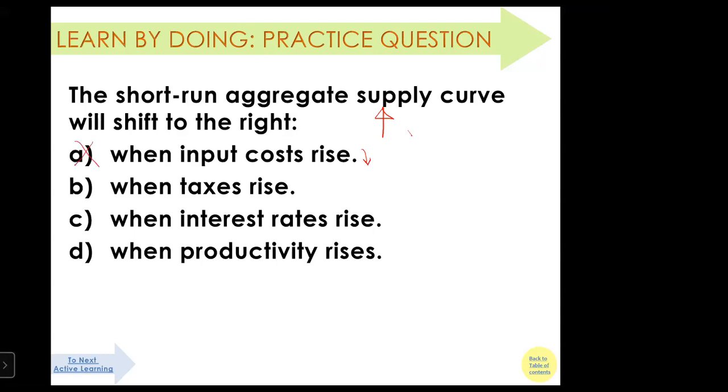Tax rise is going to decrease your profit, so that's going to lead to the aggregate supply decreasing, so it's not correct. Interest rate rise makes operation more expensive, because you have to pay more for the capital you rent, so this is not correct. The last one is correct: when productivity rises.